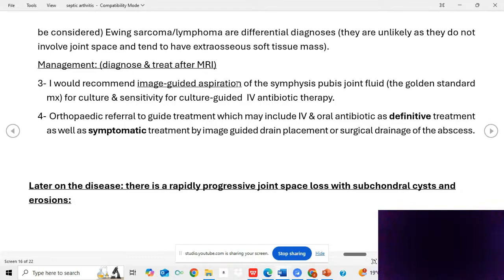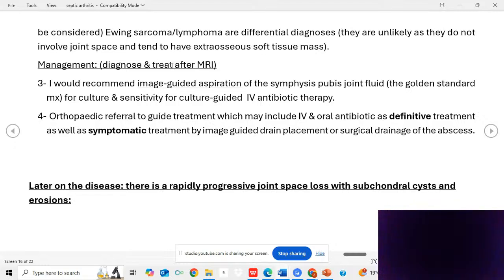Image-guided aspiration of the joint fluid is the gold standard to diagnose septic arthritis, as it allows for culture and sensitivity, for culture-guided starting of the intravenous antibiotic therapy. So this is how to diagnose.